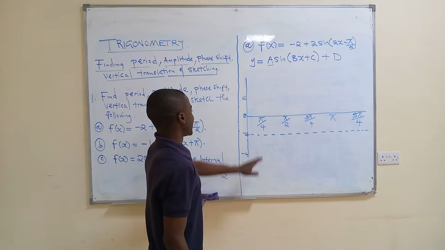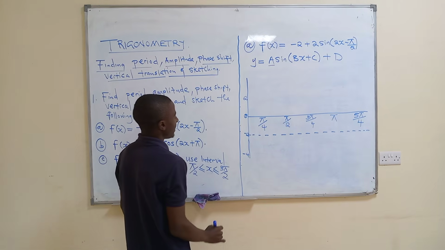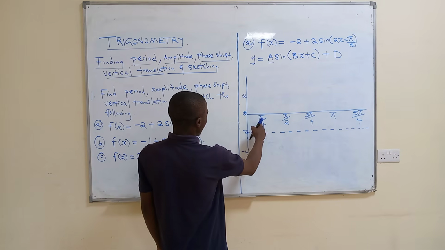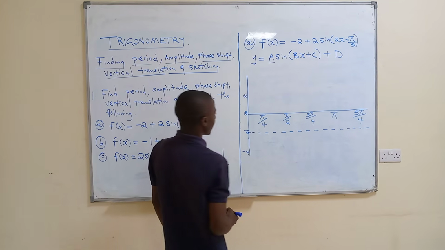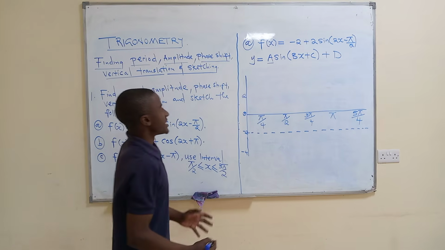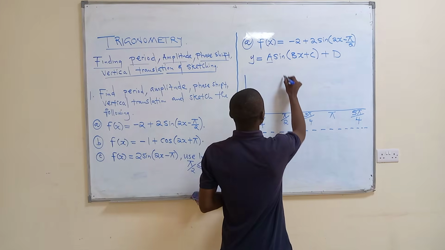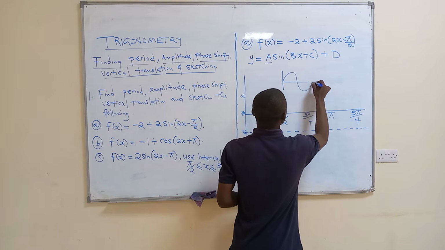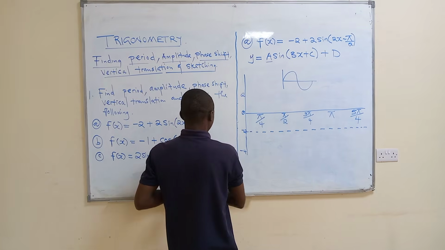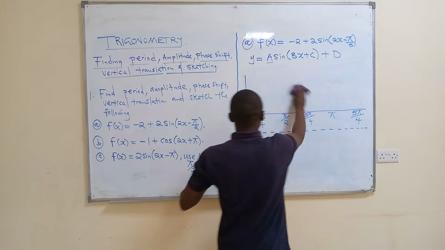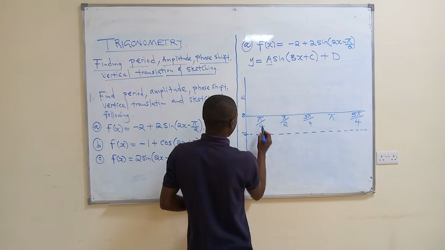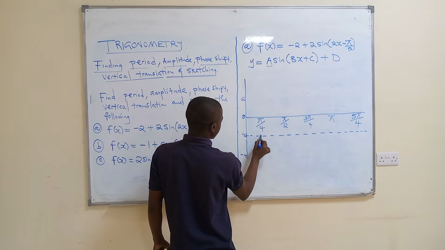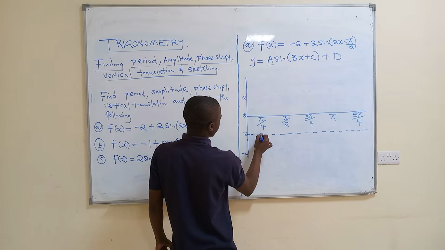After drawing that, you know to say the starting point is that pi over 4. So from there, always sine graph looks like this. That is for sine graph. So my starting point, where my first coordinate is going to be, that is at pi over 4.